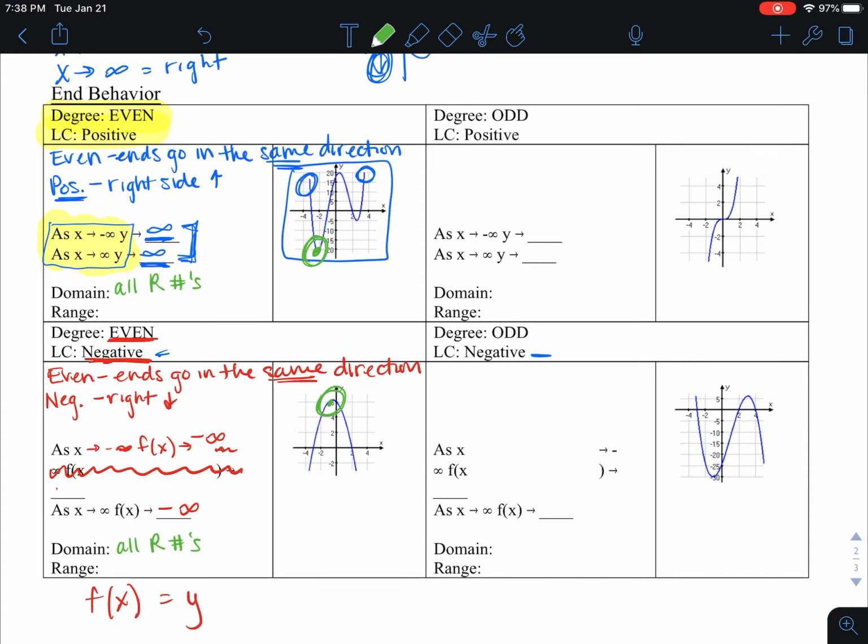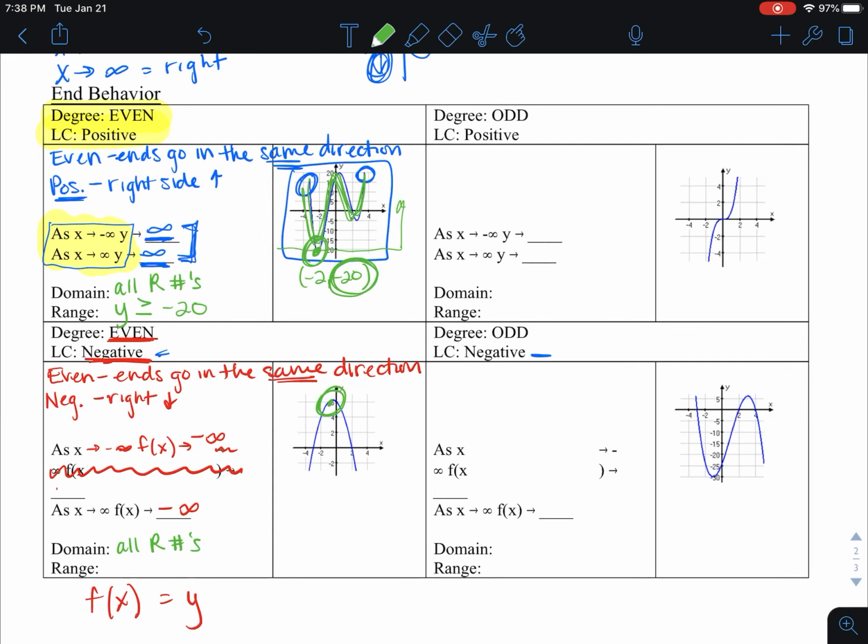When you have an even degree, your range is just going to be a subset. We say all of our y values are going to be greater than or equal to, and this coordinate point right here is -2, -20. Here, this is my y. So all of my y values are going to be greater than or equal to -20. That means if I pick any coordinate point on this curve, I can expect my y coordinate to be either -20 or bigger, because everything is above this.